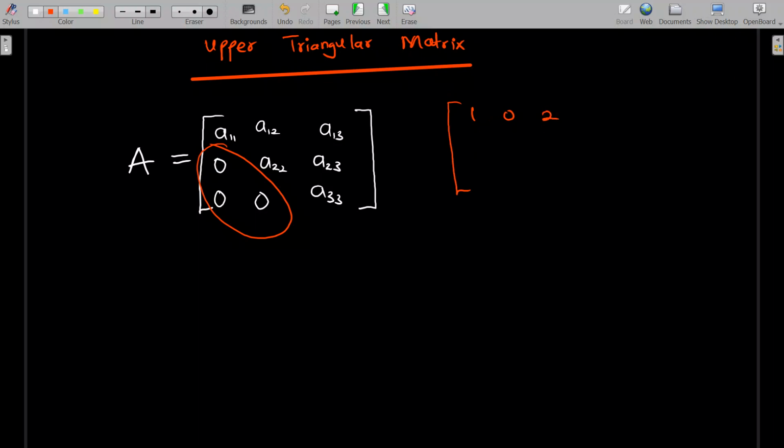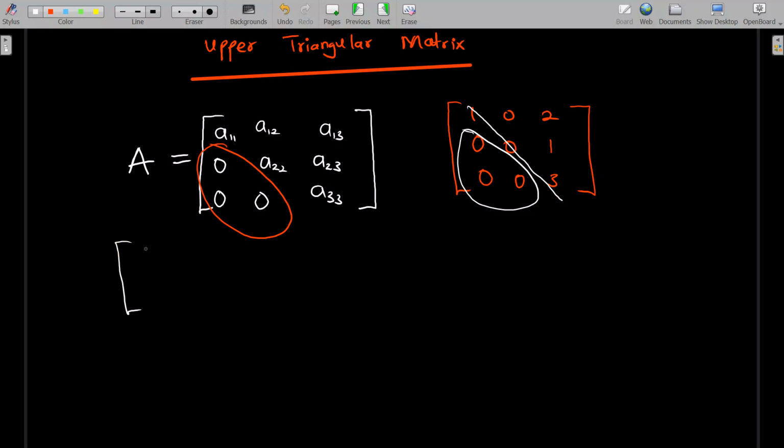I'm going to have another 0 here, then 1, 0, 0, and then maybe 3. This is an upper triangular matrix because if you take all the diagonal entries here, every element below that is 0. That's what we call an upper triangular matrix.